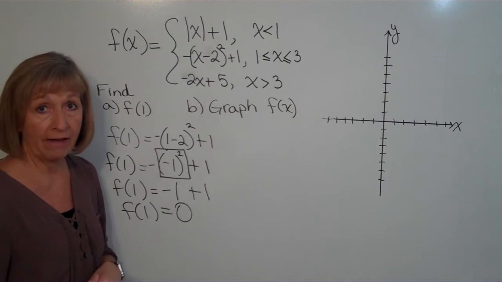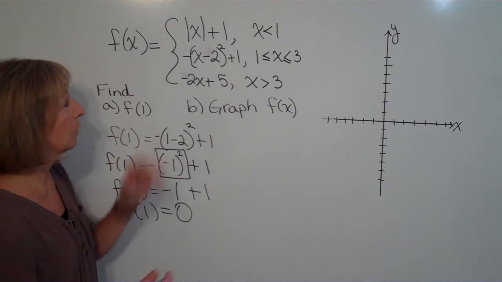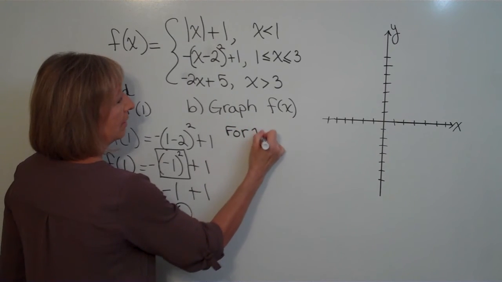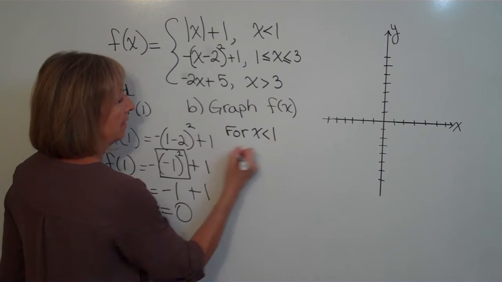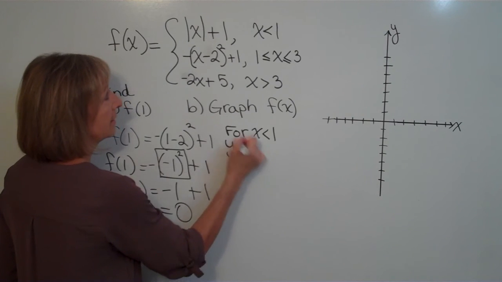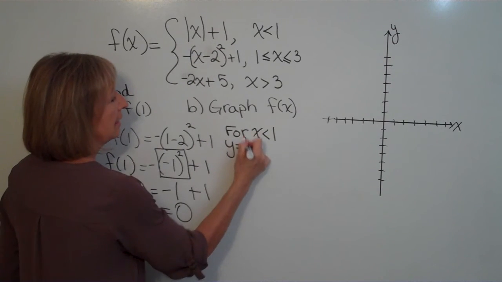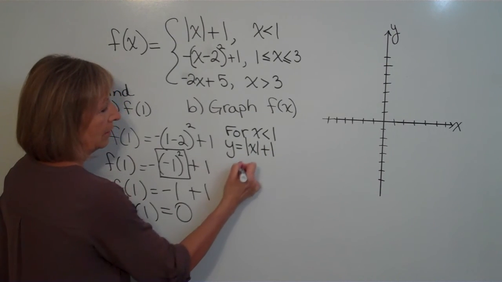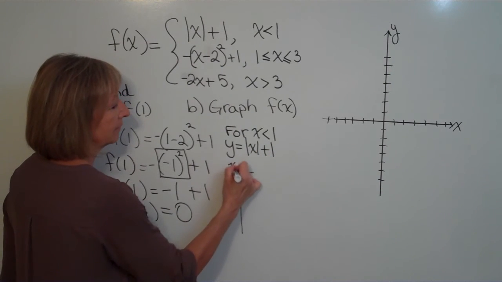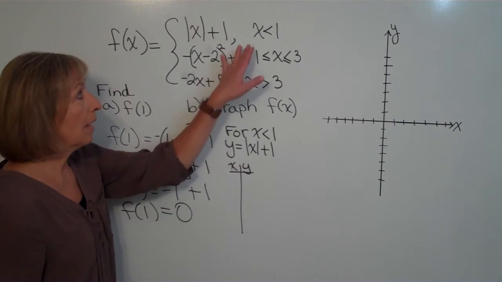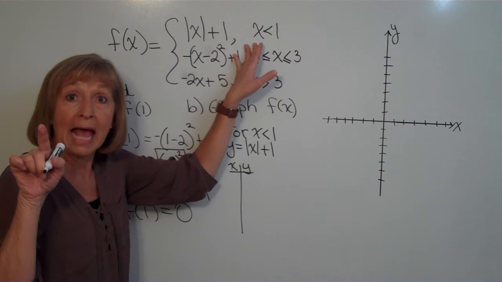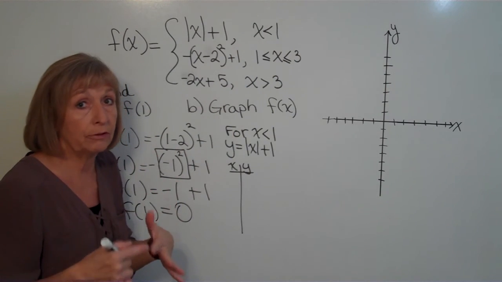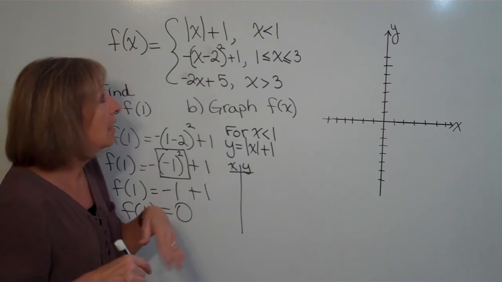Now it asks me to graph it. So we're going to start with the x's that are smaller than 1, where my rule is y equals the absolute value of x and then plus 1. So making a table, remember I want several different values. Remember the absolute value function is a V. So you can't just do a couple, you've got to do several different ones.